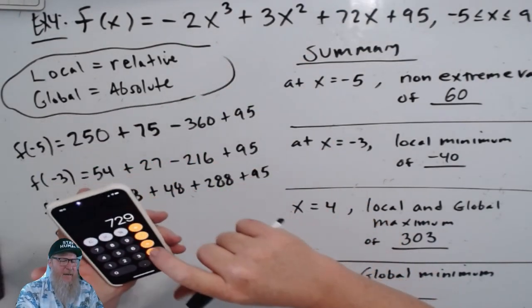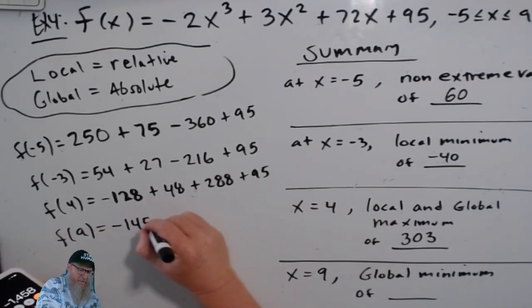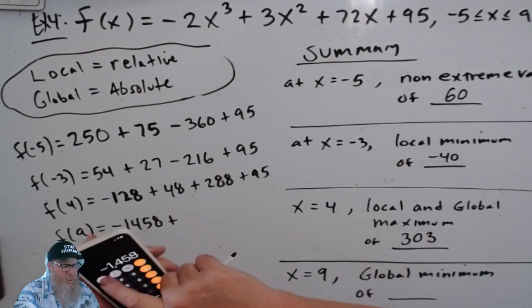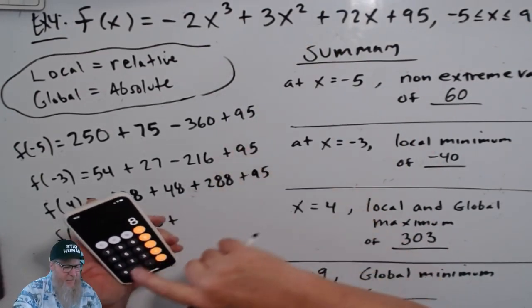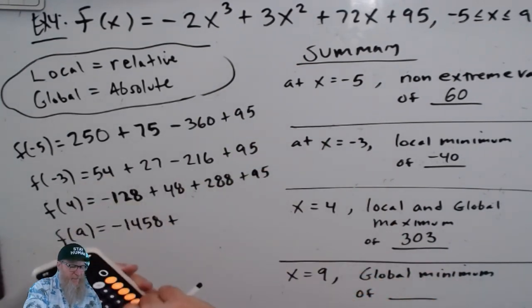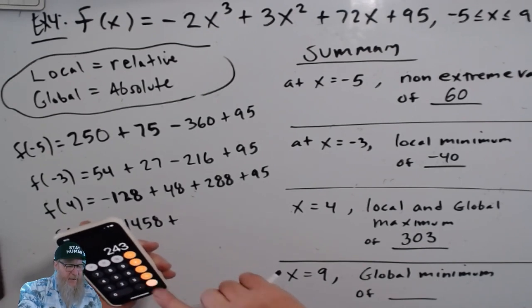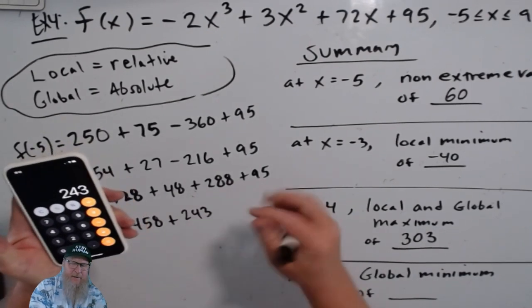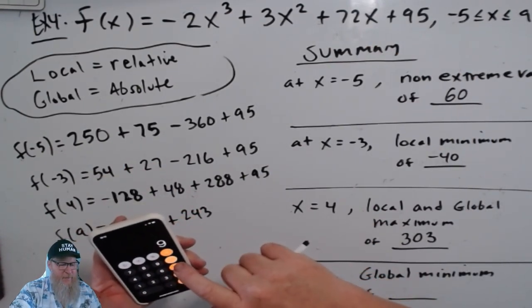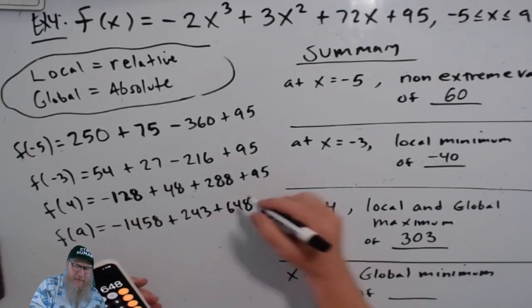And then times negative 2, that's 1,458. 9 squared, that's 81. 81 times 3 is 243. 9 times 72 is 648.